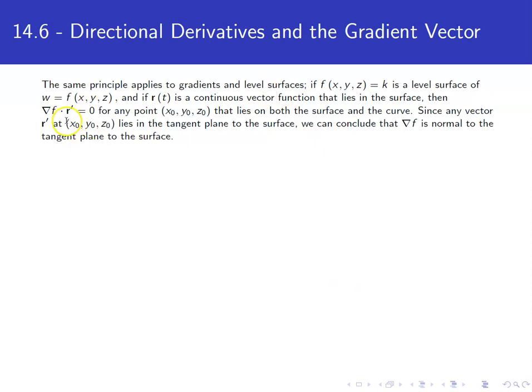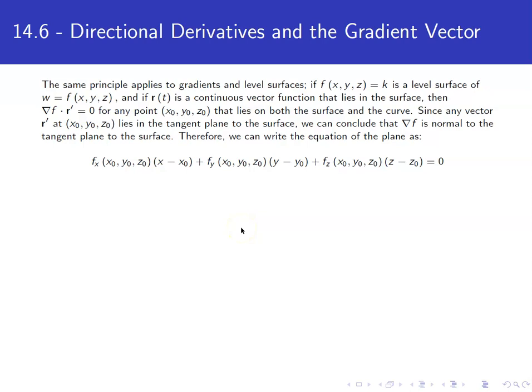Remember that our derivative is going to lie in the tangent plane to the surface, no matter what direction we're talking about through that point. So we can conclude that the gradient vector is giving us a normal to the tangent plane to the surface, just like the gradient vector was normal, orthogonal to the tangent vector for a curve in the xy plane.